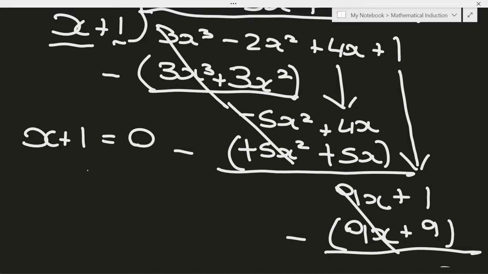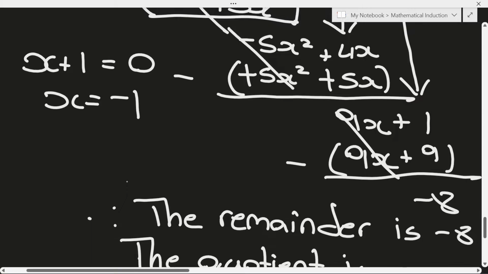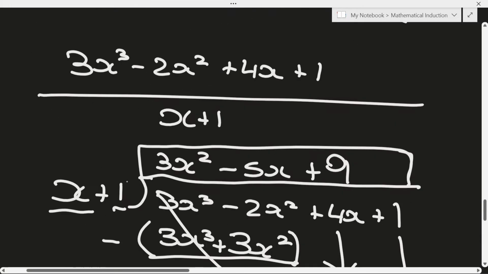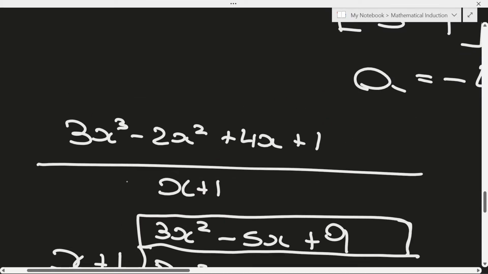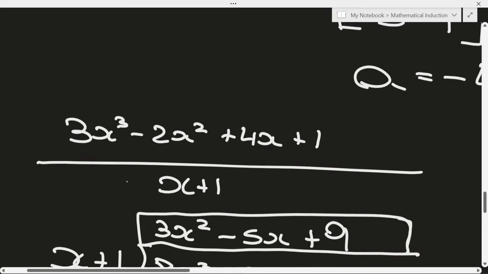Therefore, we can find the value of x. So x is equal to -1, right? And what remainder theorem states is that if you plug x equals -1 into the original polynomial, theoretically we should get the same exact answer.